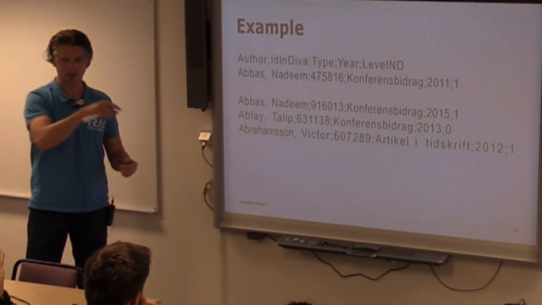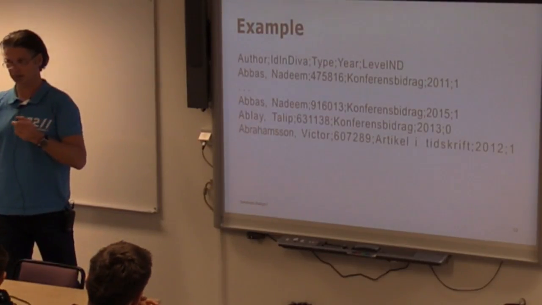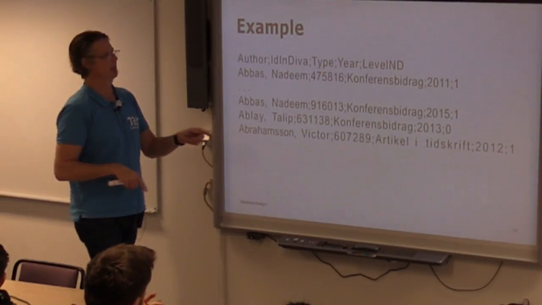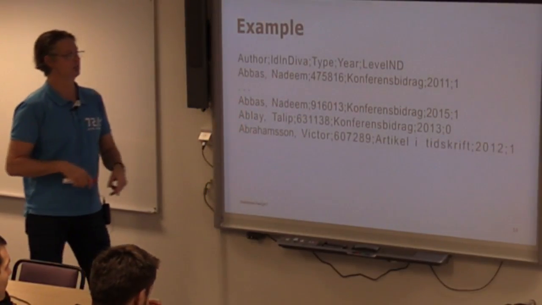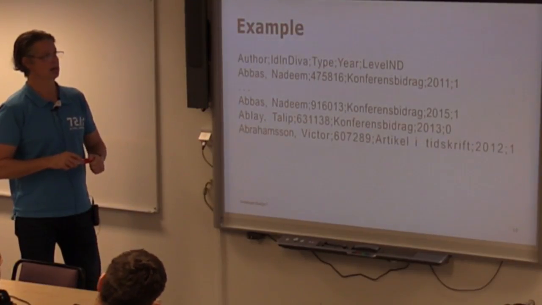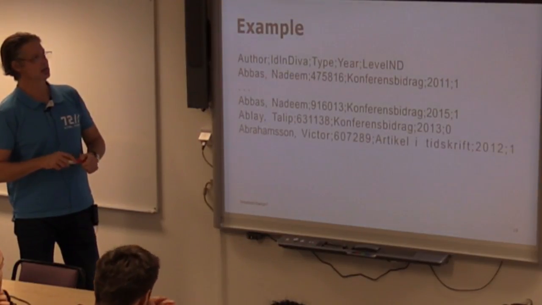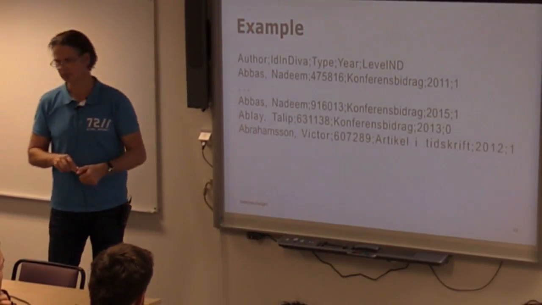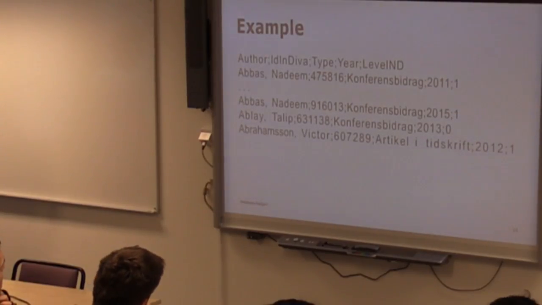That points out that paper. So I cannot interchange that paper with some other paper because it's unique. And there is also a year and a type of what that person did upload. And there is also a level indicator at the end, which has to do with the quality. Sorry, that's not the quality, that's on what level that paper is on. Is it a research paper, or is it a master thesis, or something else?